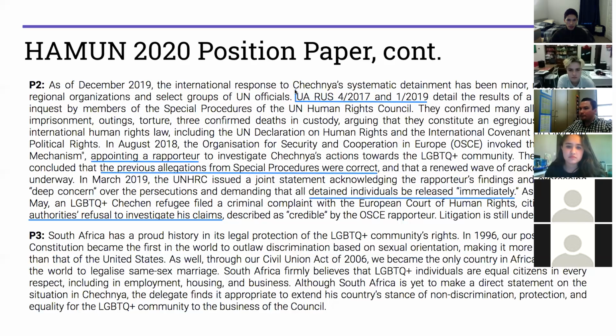Also, something to keep in mind up here, I'm gonna box it because it's very important. There we go. So, UA Rus 4/2017 and 1/2019, those are the classification numbers, or the reference numbers, for certain documents.